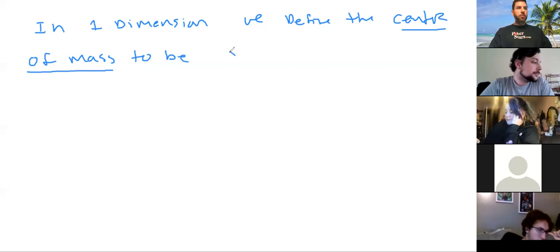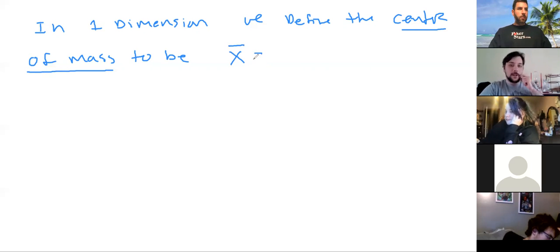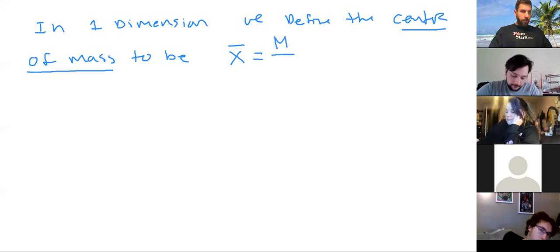We typically use this notation, X with a bar above it. And we're going to define it to be capital M. This is why most books do this, and it's sort of misleading, but that's just a convention. So you have to understand that there's a capital M and a lowercase m.